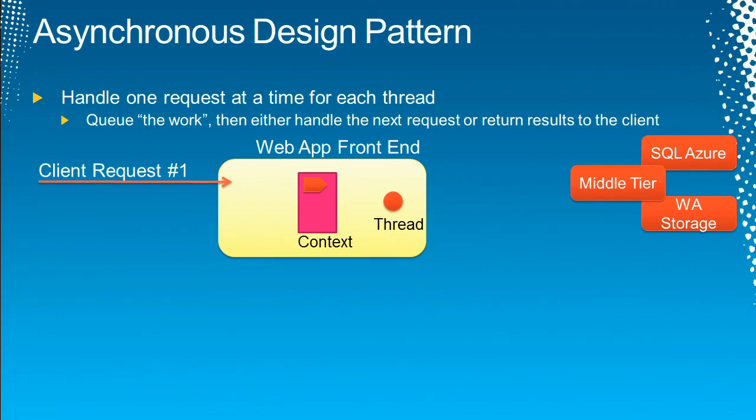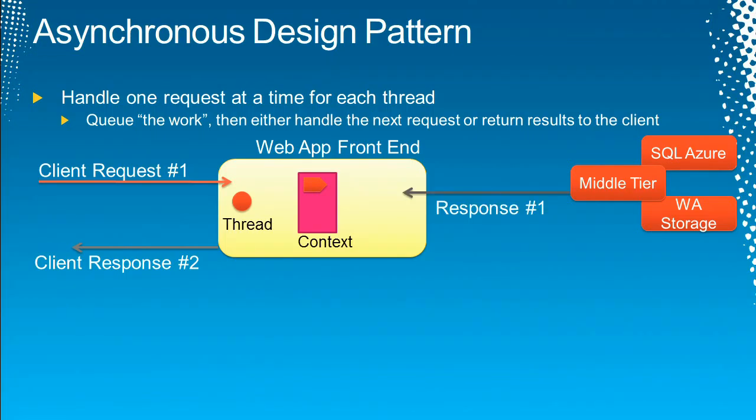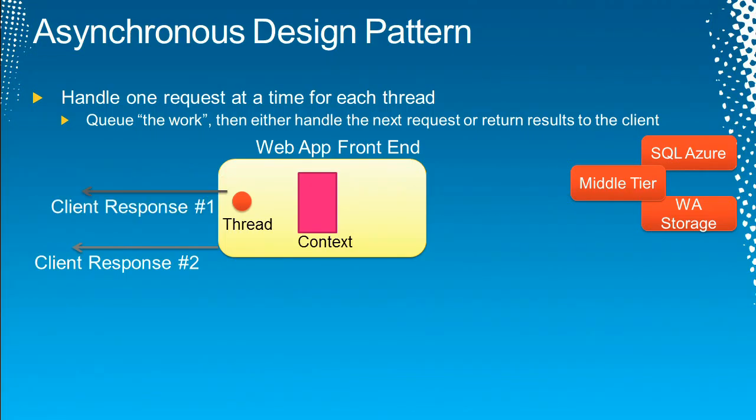And then the thread is going to wait for the next useful piece of work to come along. And in this case, suppose that another client request comes in. It will service that client request, and then it will store the context for that client request. And now suppose that the second request finishes before the first one does. It can go ahead and return the response to the client. And then, of course, the other response comes in, and that response gets returned to the client.